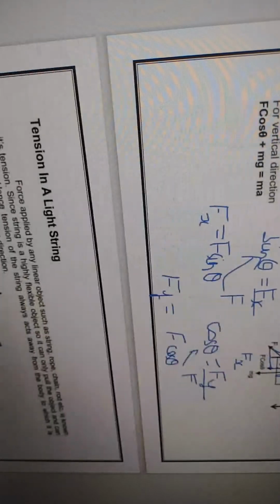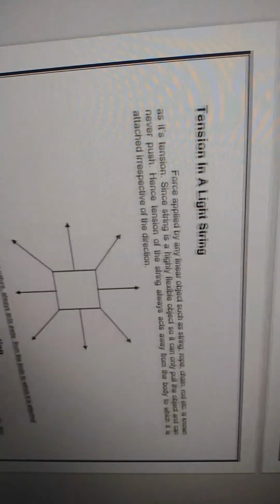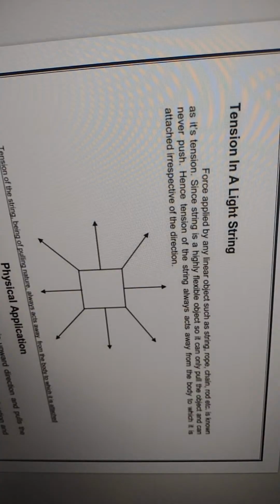So this is tension in a light string. Force applied by any linear object such as string or rope is known as its tension. Whenever we apply a force to a string, there will be some tension, meaning some movement of the string in upward and downward directions.